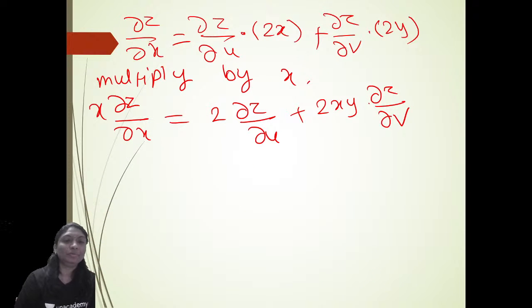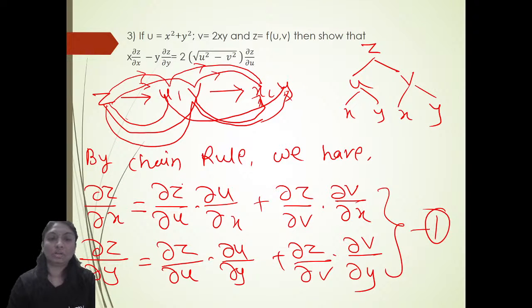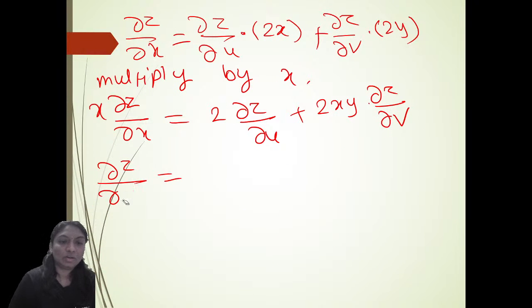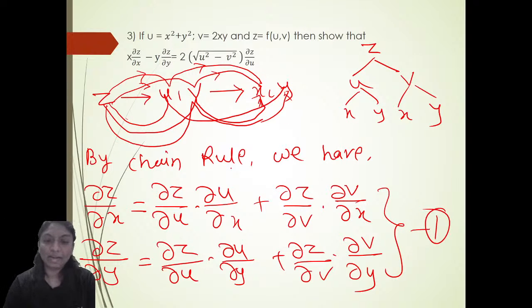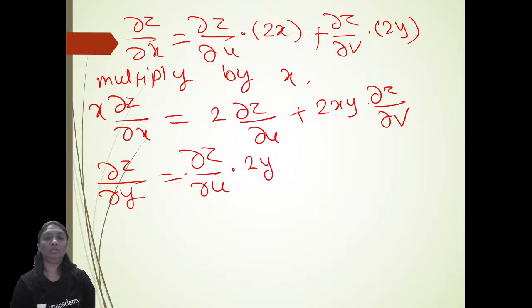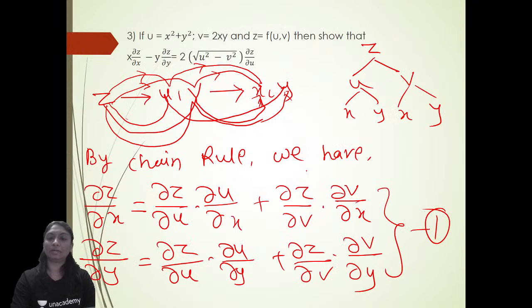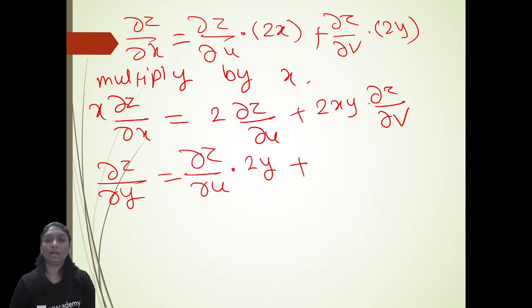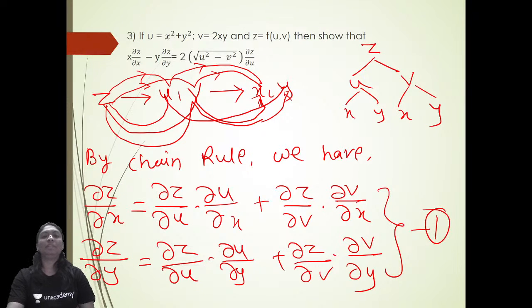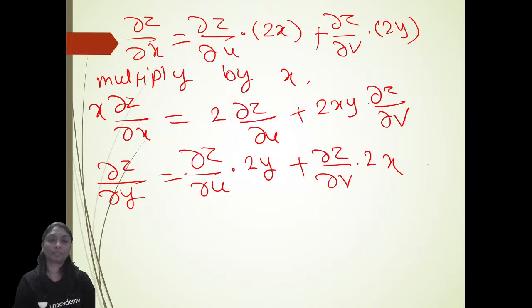So ∂z/∂y is equal to ∂z/∂u into, यहाँ पे है ∂u/∂y, so ∂u/∂y क्या आ जाएगा, 2y, into 2y plus ∂z/∂v into ∂v/∂y, so ∂v/∂y हो जाएगा 2x, right?